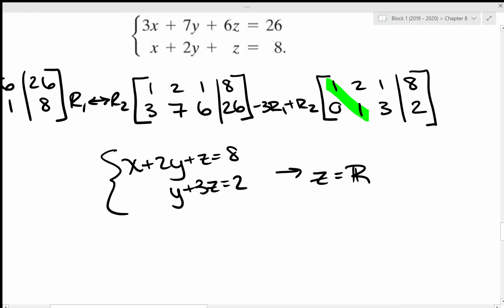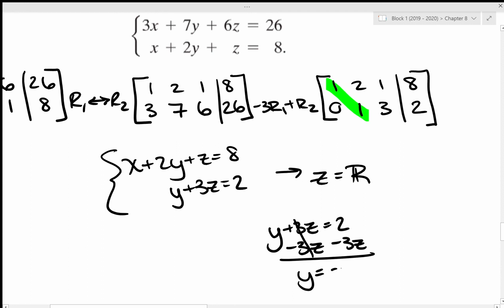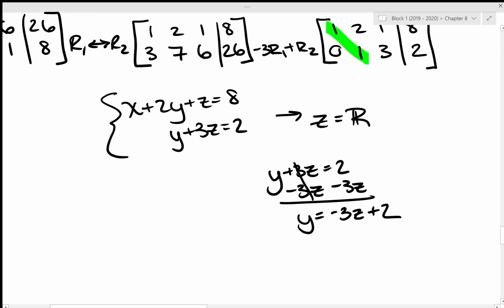So again, I'm going to isolate x and y and write it in terms of z because they're dependent on z. So y plus 3z equals 2. I minus 3z. And I get y equals negative 3z plus 2, or 2 minus 3z. And then x plus 2 times y, so put in the negative 3z plus 2, plus z equals 8. I distribute the 2.